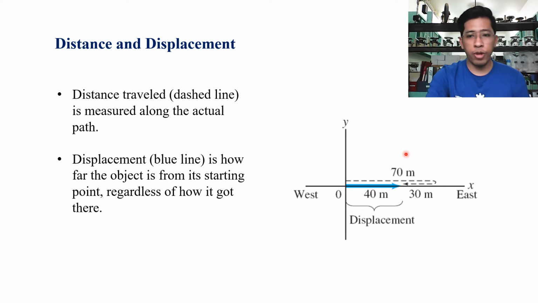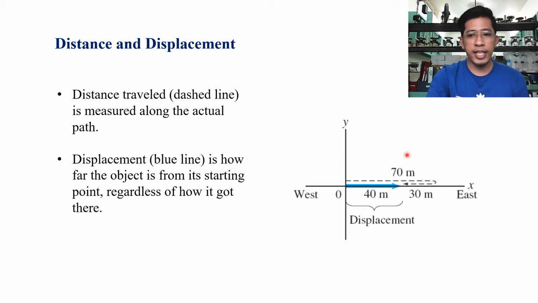The distance traveled is this actual path, so it is 70 plus 30. Thus, the particle travels 100 meters in distance.